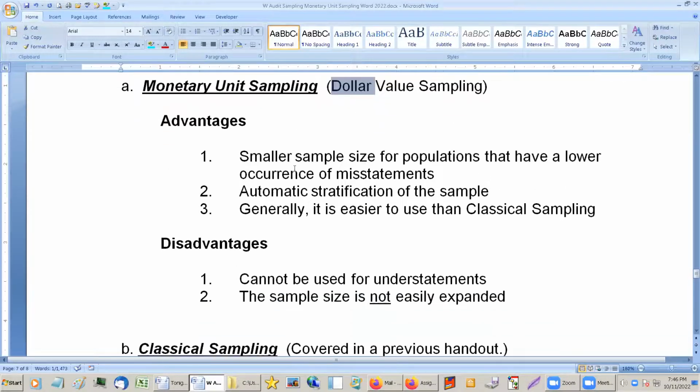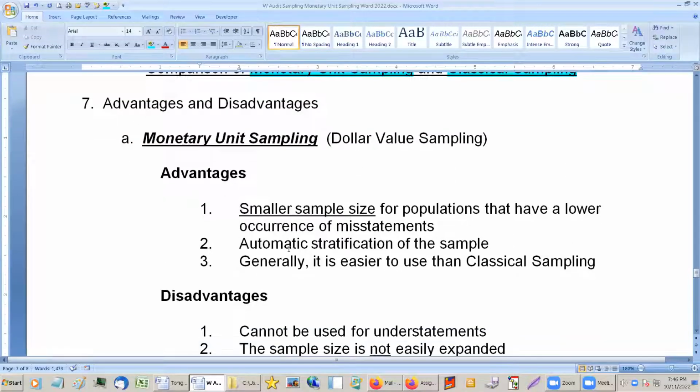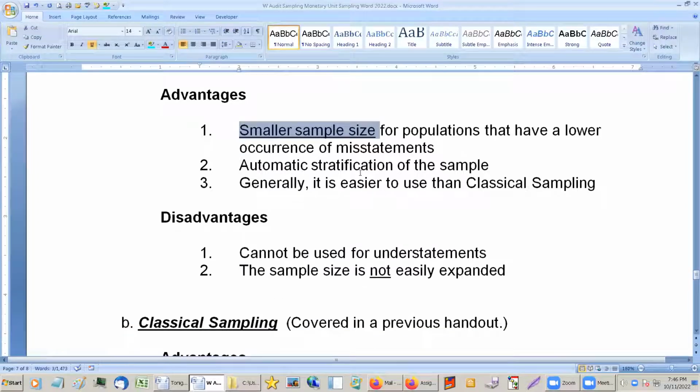The nice thing is, if they have a lower occurrence of misstatements, a lot of times you can take a smaller sample size. And this is the big push for it, that you can take a lot smaller sample, and sampling really costs a lot of money. So if you can reduce the sample size, you can reduce how much an audit costs, you can make an audit quicker.